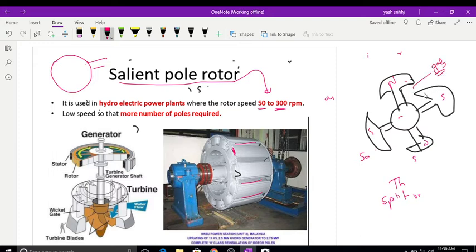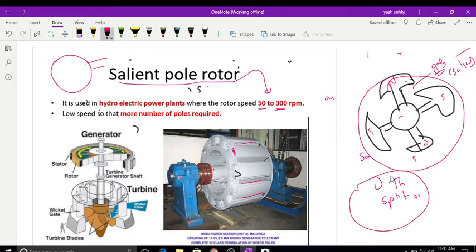This gap is called saliency. So this diameter is more. If the diameter is more, we can place more poles. That's why, with a larger diameter, more poles are required, because the synchronous speed is equal to 120 f by p. If the number of poles increases, then the speed will automatically decrease. So for low speeds, if you use more poles, then you can achieve the synchronous speed.